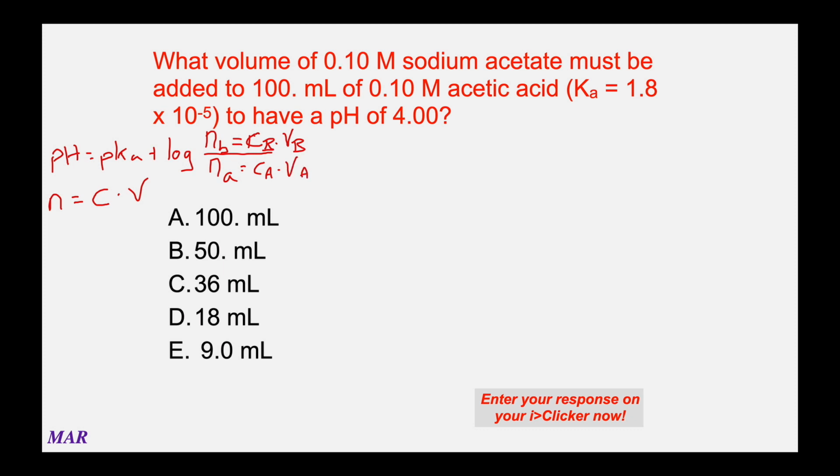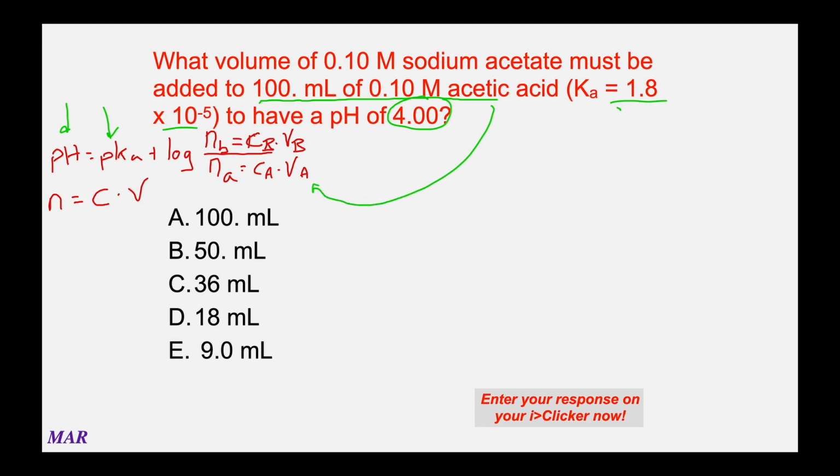Now if you look at this question, you have the pH 4.00, and that's what goes right there. You can turn 1.8 times 10 to the minus 5 into pKa with minus log of that number. Volume times concentration of acetic acid, that's this part right there.